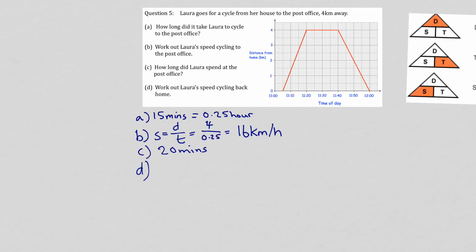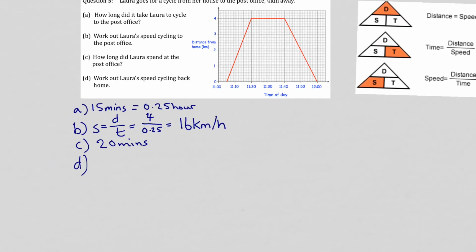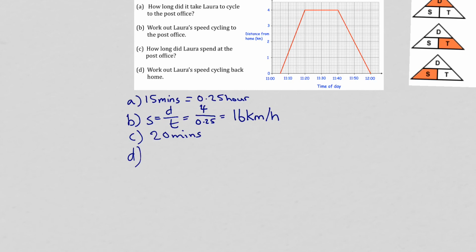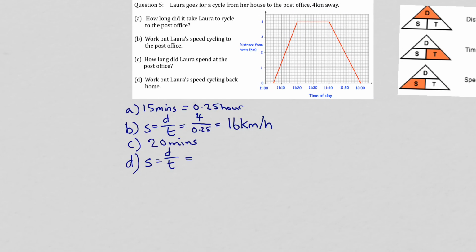And our equation is the exact same as for question B. Speed equals distance over time. That's going to give us 4 kilometers divided by 20 minutes. Now again, we want our speed to be in kilometers per hour. So 20 minutes, we're going to have to change that into a decimal.